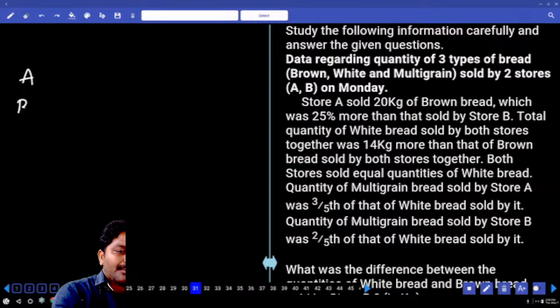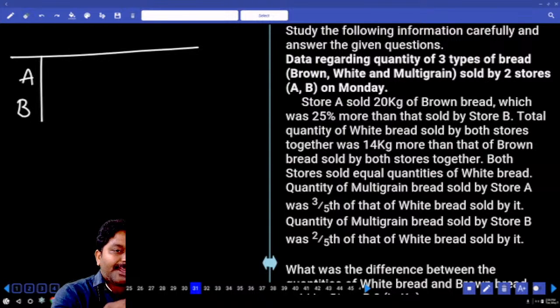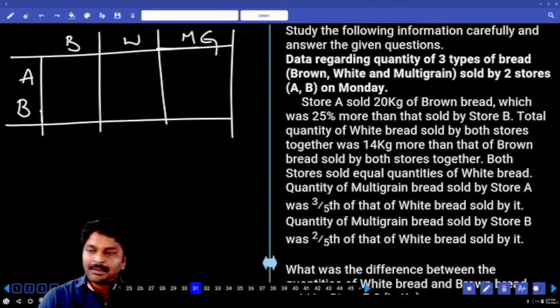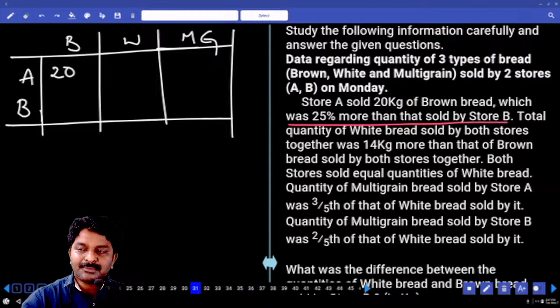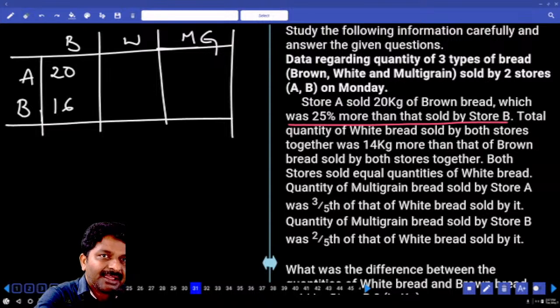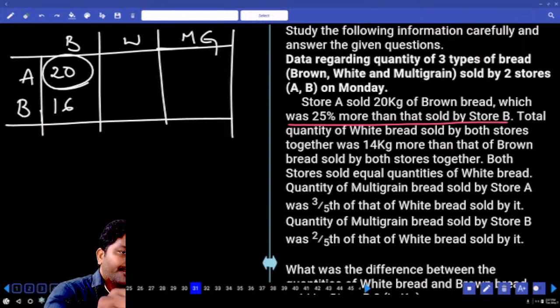There are 2 stores, A and B. A sold 20 kgs of brown bread, which was 20% more than that sold by store B. B should be 16 only. If B becomes 100%, A is 125. So the A:B ratio is 5:4. 5 parts is 20, 4 parts is 16.